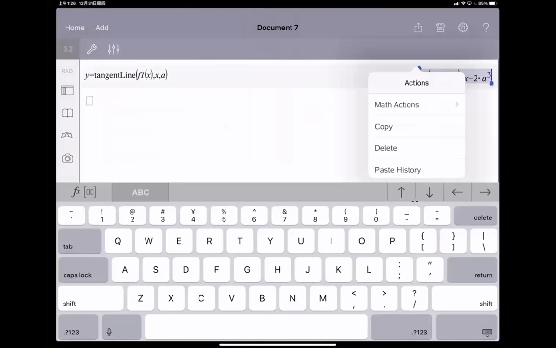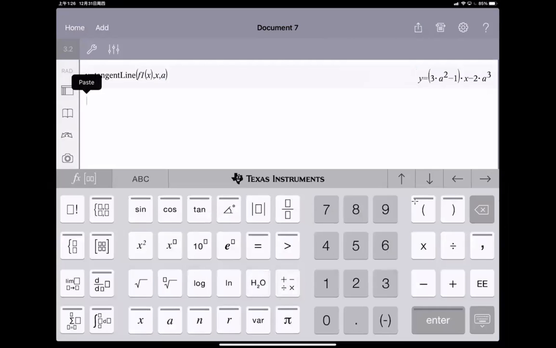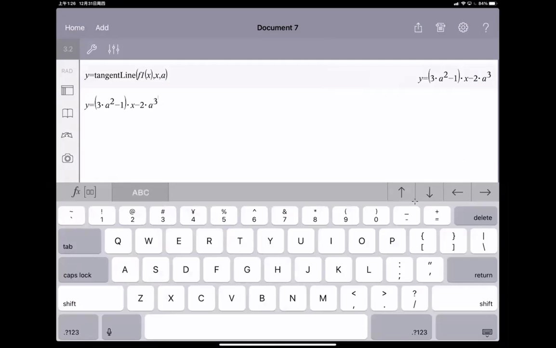So this is my equation of tangent. Now, if I want to get my x-intercept, which is x equals b, we need to make y 0. So we need to substitute y equals 0 and x equals b. So this is my equation involving a and b.